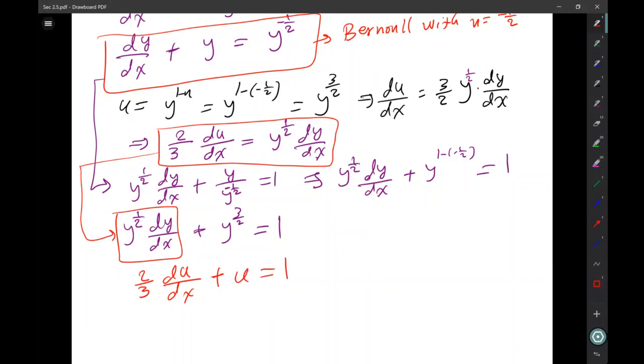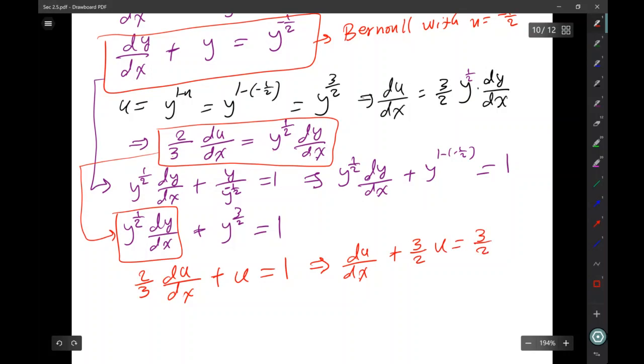Now write it in linear standard form: du by dx plus 3 by 2 times u is equal to 3 by 2. Now this equation here is linear.